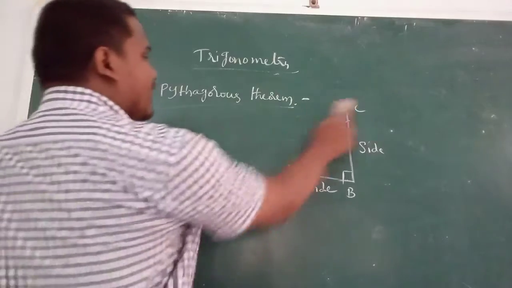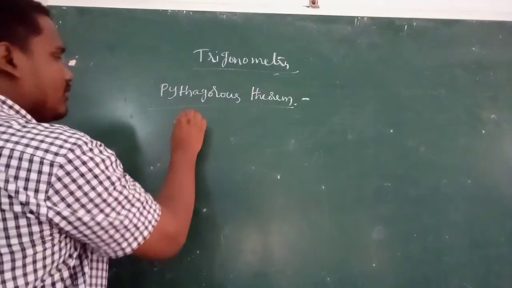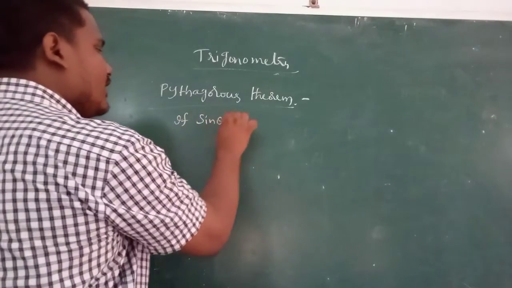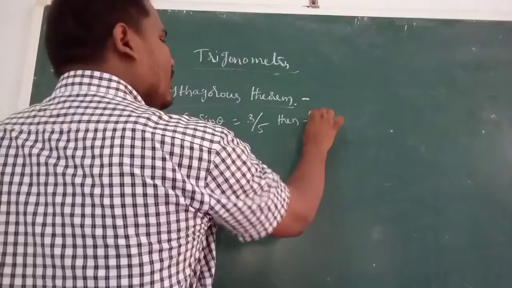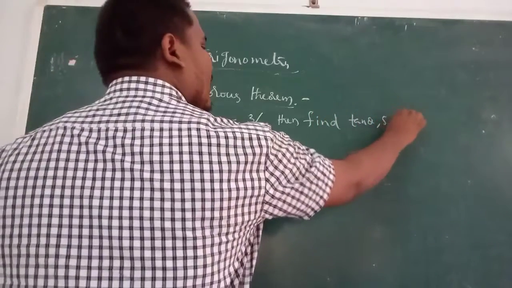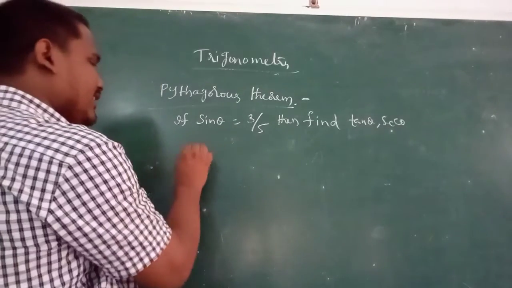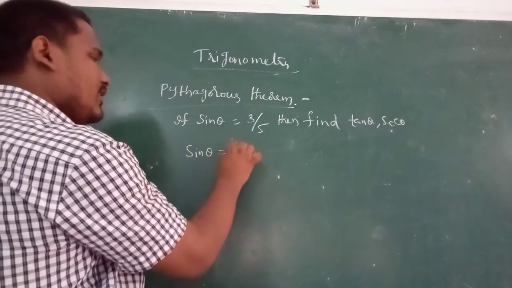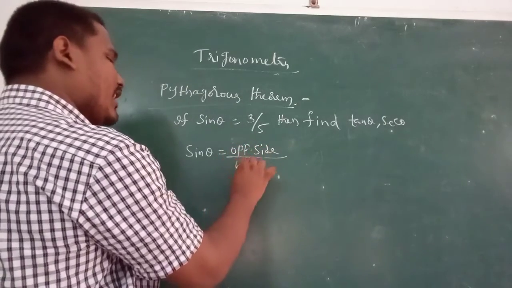Sometimes they are asking, if sin theta is equal to 3 by 5, then find tan theta, secant theta, etc. Sin theta is equal to 3 by 5 means what is the formula? Sin theta is equal to opposite side by hypotenuse.